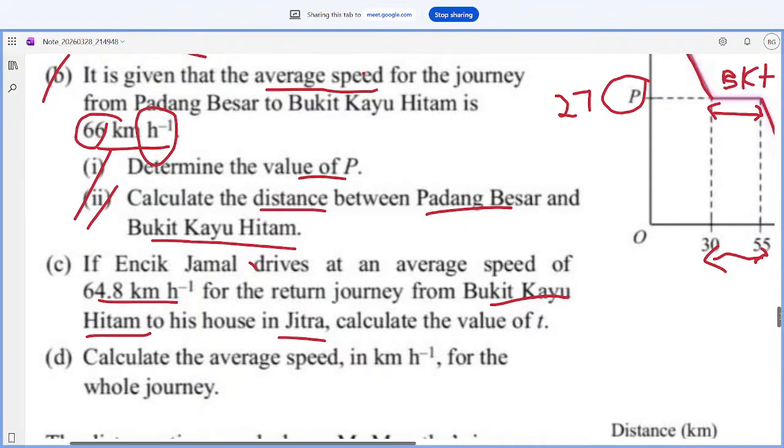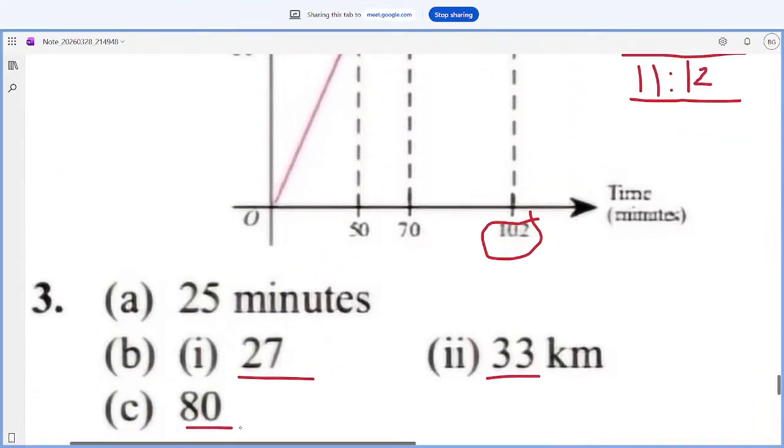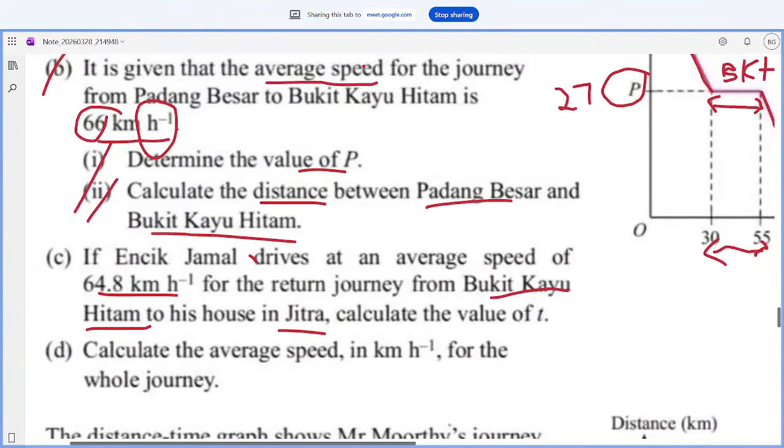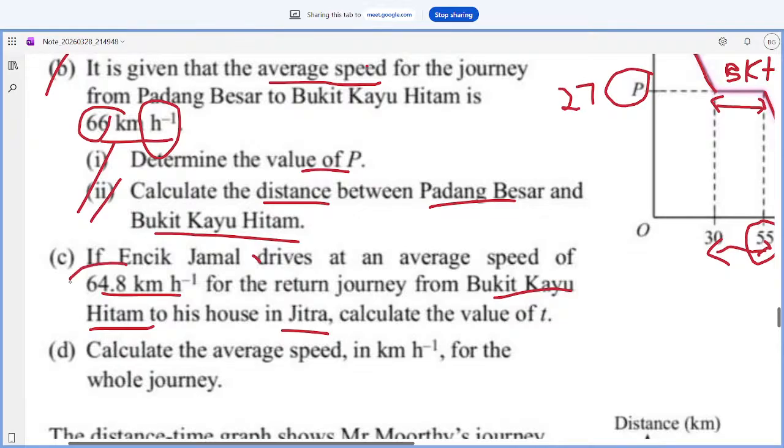And then you guys can find T. Okay, so your T you guys should get is 80. Alright, the solving part, I don't think I want to show you guys because it take time, right? Dia ambil masa. As long you guys know the idea, that's the most important. 27 over T minus 55 bahagi 60. T minus 55 seluruh ni kena bahagi 60 guys. T minus 55 in bracket bahagi 60. Okay, equal to this one, 64.8.